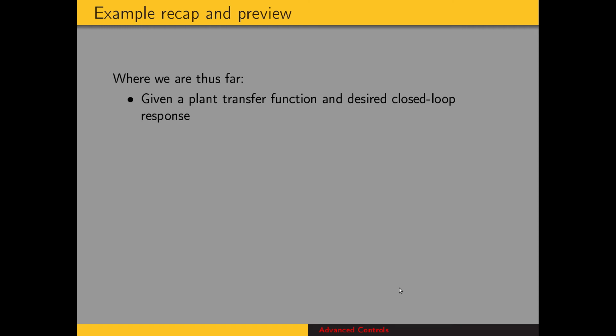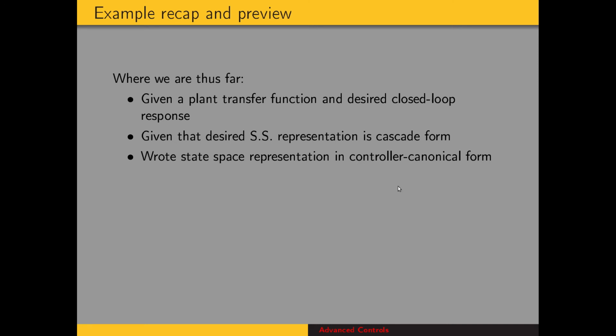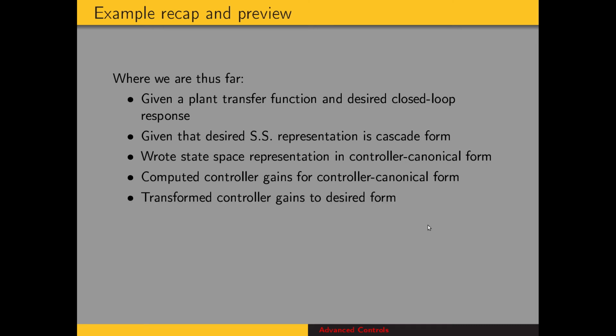Let me recap what we've done so far. We were given a plant transfer function and the desired closed loop response. We were also given the fact that we wanted to use the cascade form state space representation. So we wrote the state space representation for the plant in controller canonical form and computed the controller gains for that representation, and finished up by transforming those gains back to the desired state space representation.